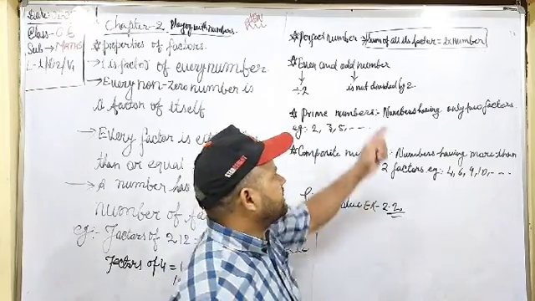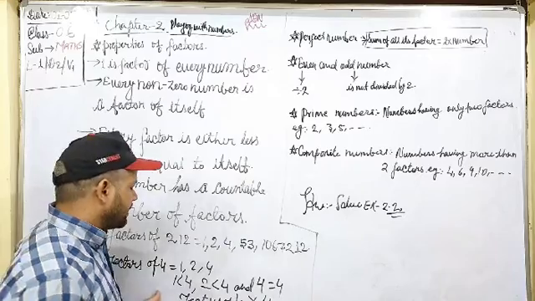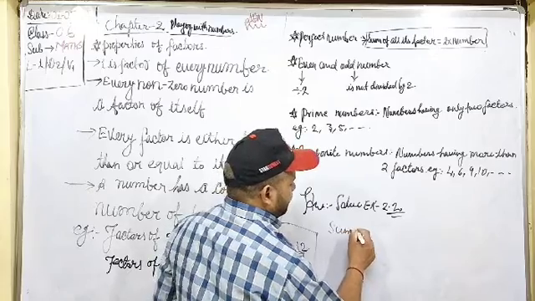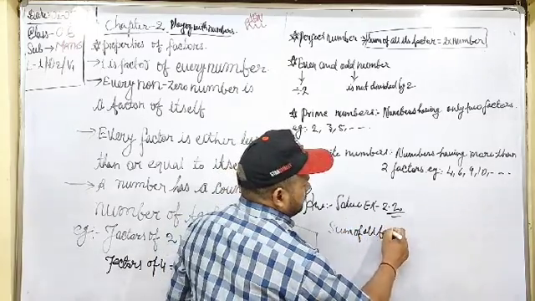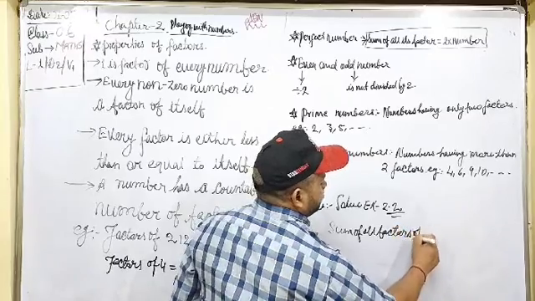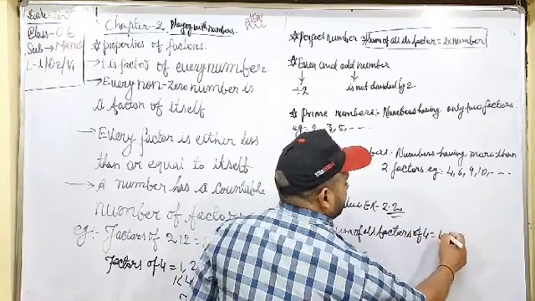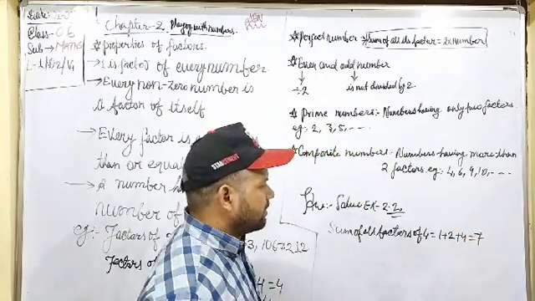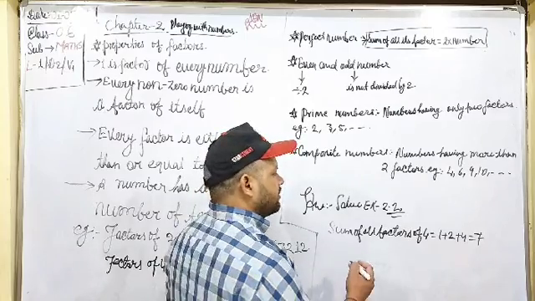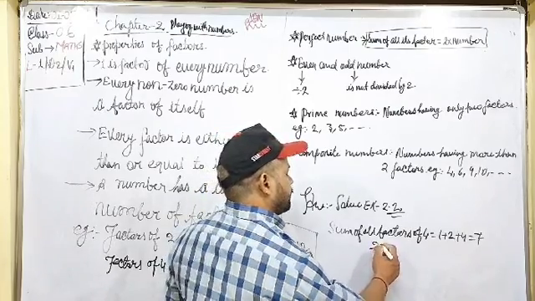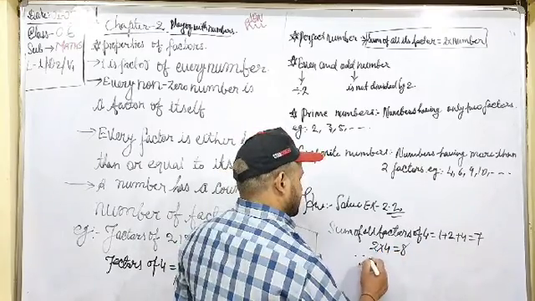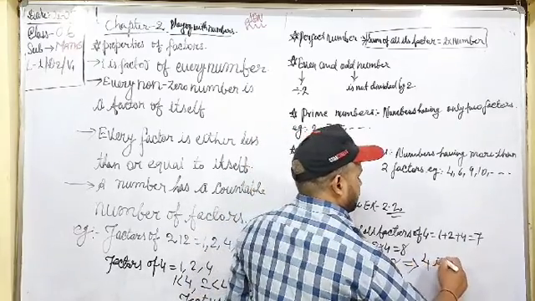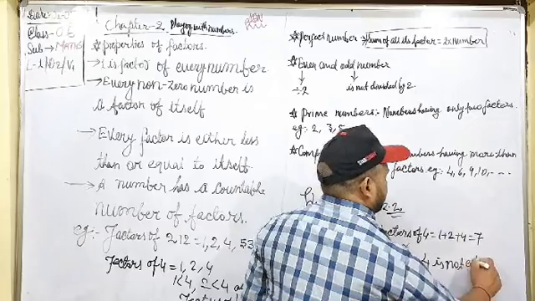As an example, 4. Here the sum of all factors of 4 is 1 plus 2 plus 4, which is equal to 7. And 2 into 4 is equal to 8. Since 7 is not equal to 8, this indicates 4 is not a perfect number.